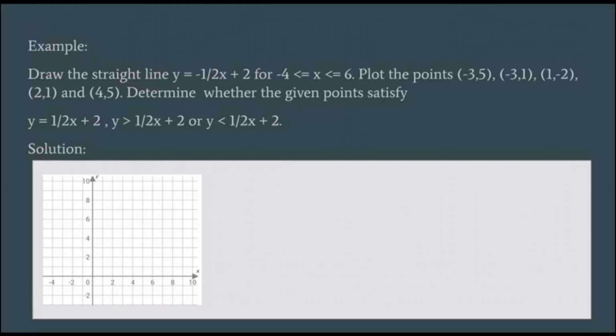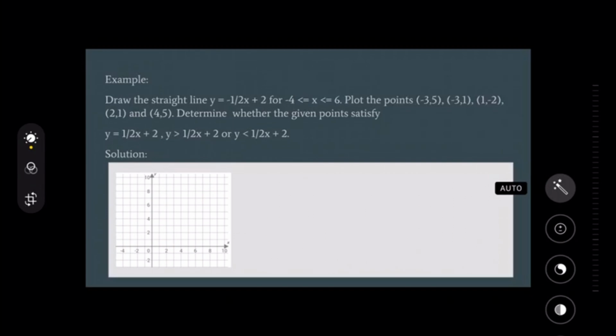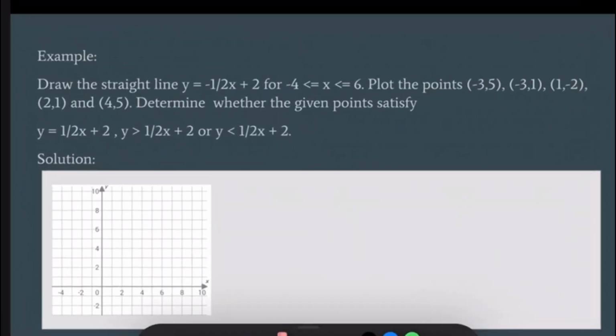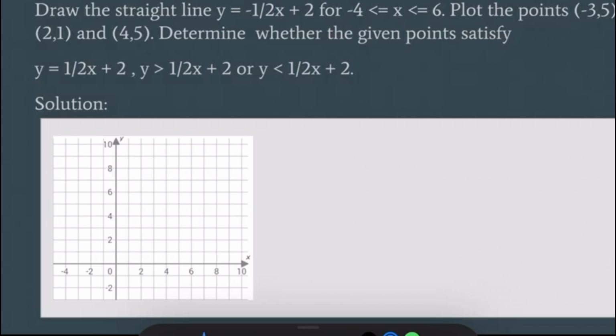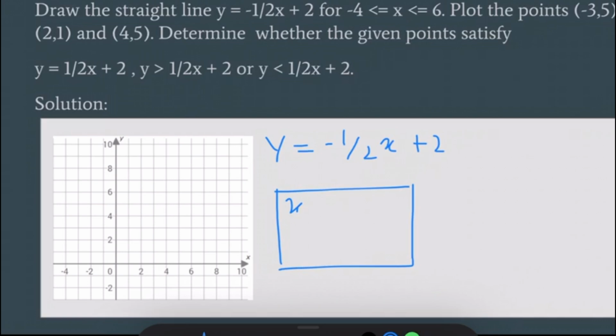Okay, so in order to answer this question, first thing first, how do we find the straight line? We take the equation of the line, y is equal to negative 1 per 2 x plus 2. So what we have to do is make a table. So this one is x and this one is y. We put some coordinates in it.